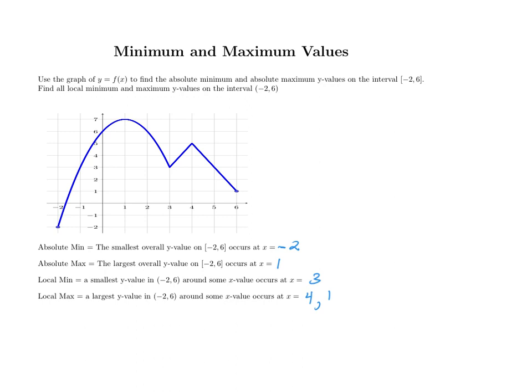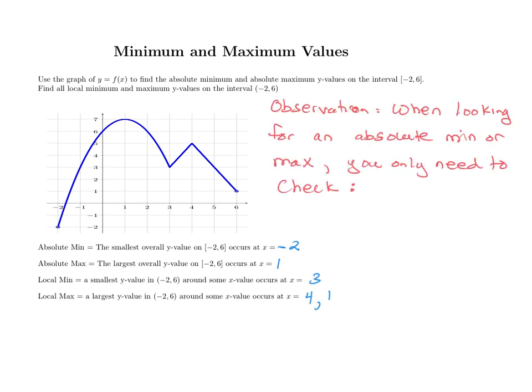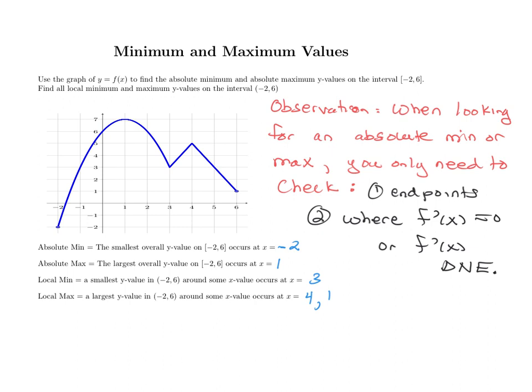And for this reason, I'd like to make an observation. The observation is, when looking for an absolute min or an absolute max, you only need to check the endpoints and places where the derivative is either equal to 0 or does not exist.